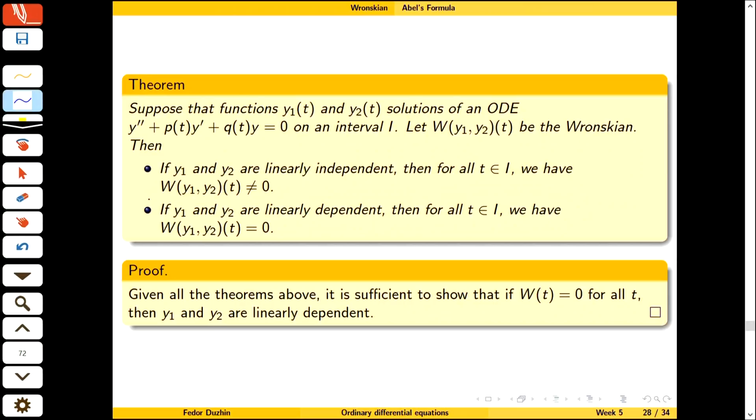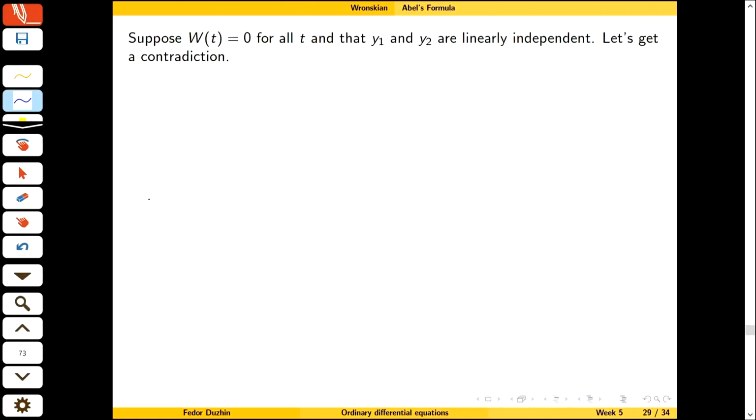So it means that the example that we had here, where the functions are linearly independent but the Wronskian is 0, cannot be two solutions of the same second order differential equation. All right, so this is what we still need to show. So let me do it.